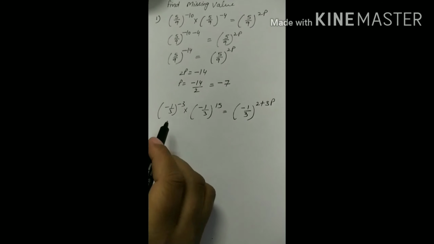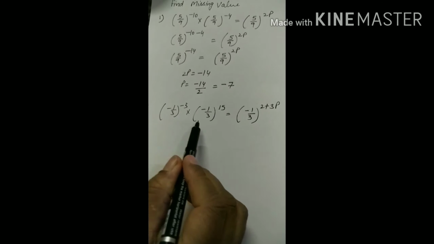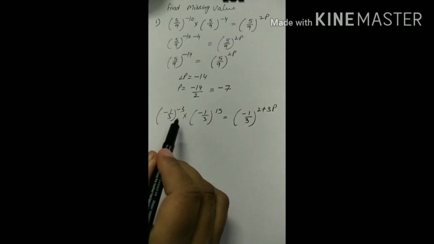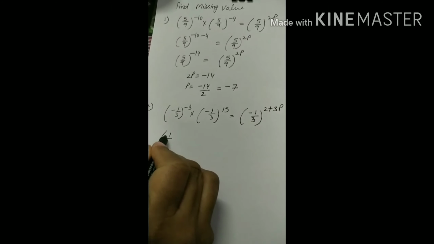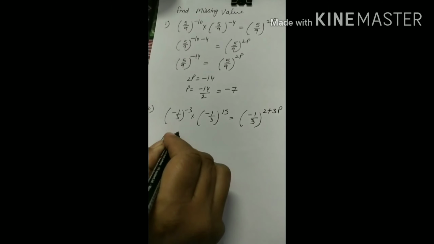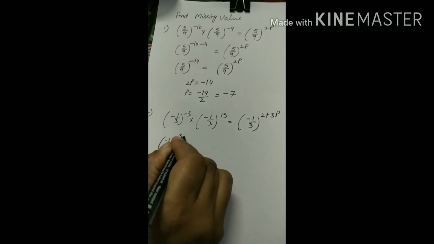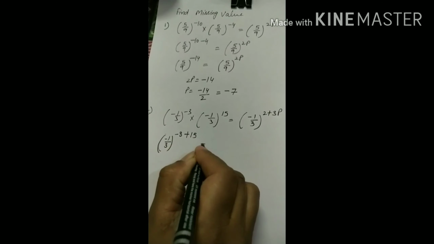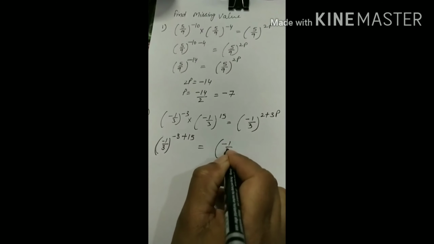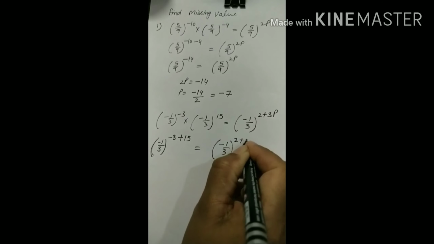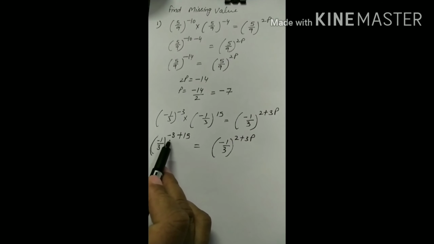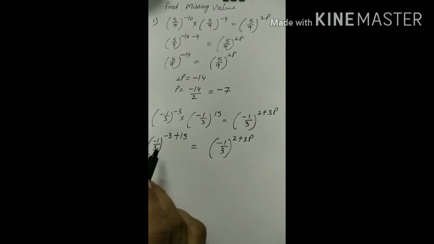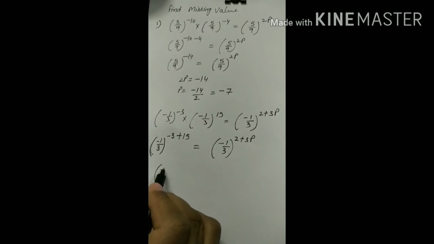Our next example: in this the bases are the same and there is a multiply sign, so we will add the powers. So minus 1 upon 3 power minus 3 plus 15. On the right side, minus 1 upon 3, power 2 plus 3p. Now the signs are different: minus 3 plus 15 have different signs, so we will subtract them.